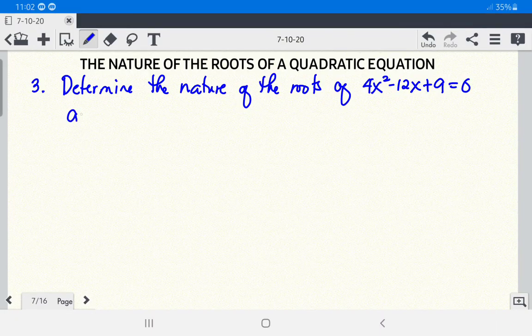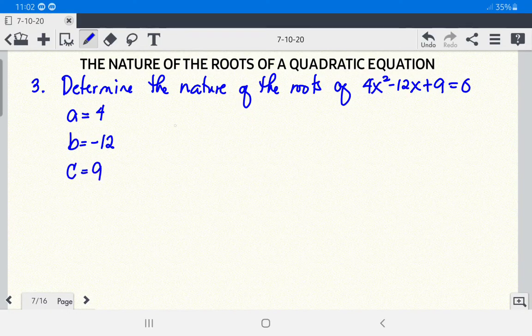So, the values of a, b, and c are 4, negative 12, and 9. So a is 4, from 4x squared, the quadratic term. The value of b is negative 12. The value of c is positive 9.